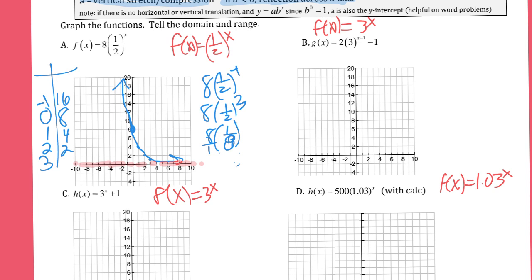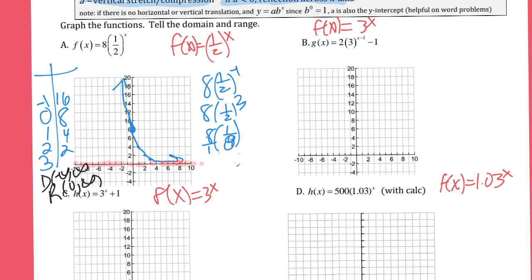So the domain is negative infinity to positive infinity, and the range in this case would be from 0, not including 0, to infinity. We can even talk about end behavior. As x goes to negative infinity, the graph goes to infinity. As x goes to positive infinity, the function goes to 0. It's kind of weird to talk about what this graph is actually doing.